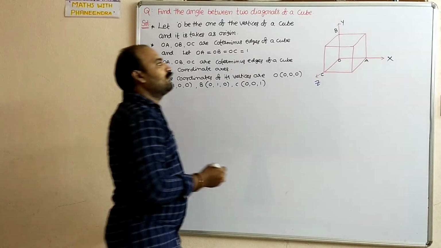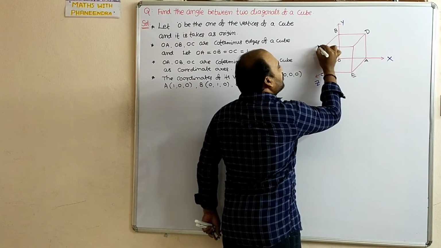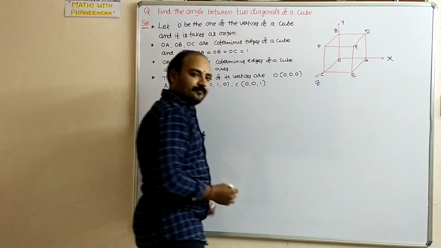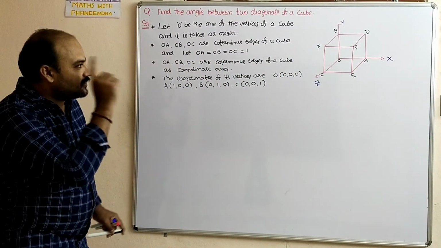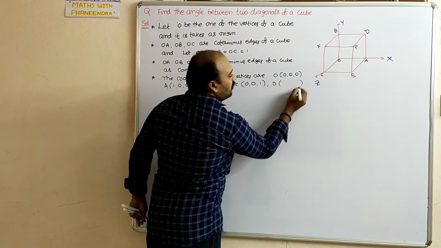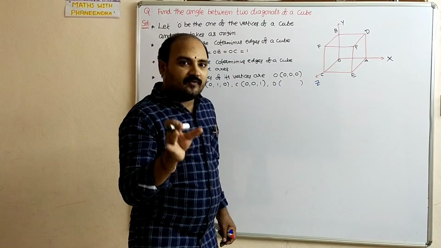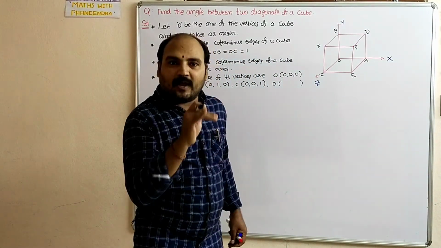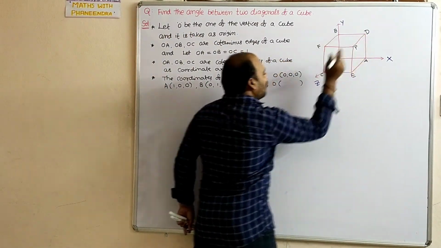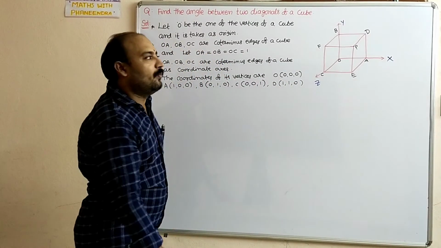After that, this point is D, this point is E, this point is F, and this point I am taking as point P. D belongs to the XY plane, so the Z coordinate will be absent: 1, 1, 0.